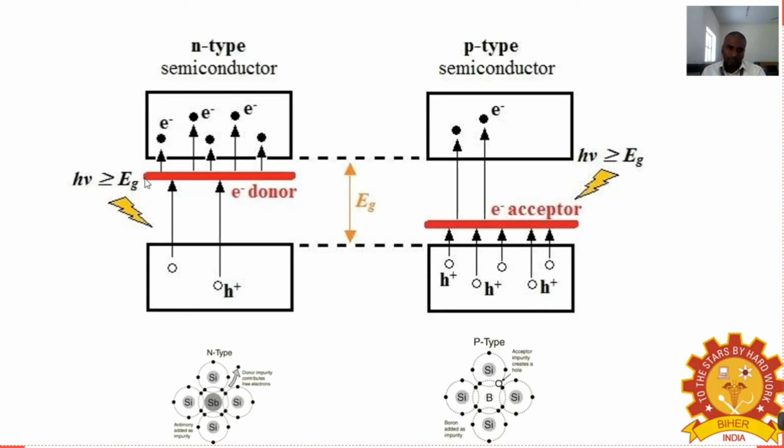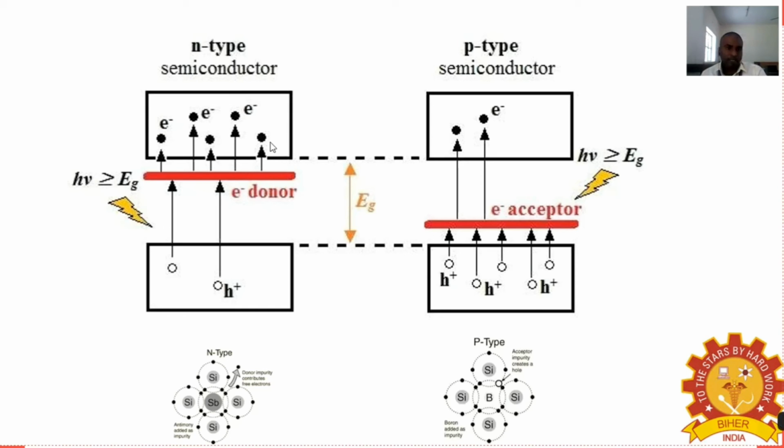Here this is the valence band of antimony. Now we see the distance between the valence band of antimony and the conduction band of silicon is too narrow. So the electrons present in this valence band easily jump to this conduction band.